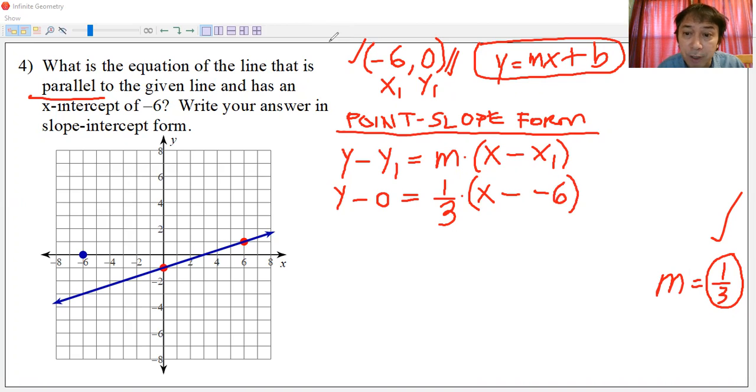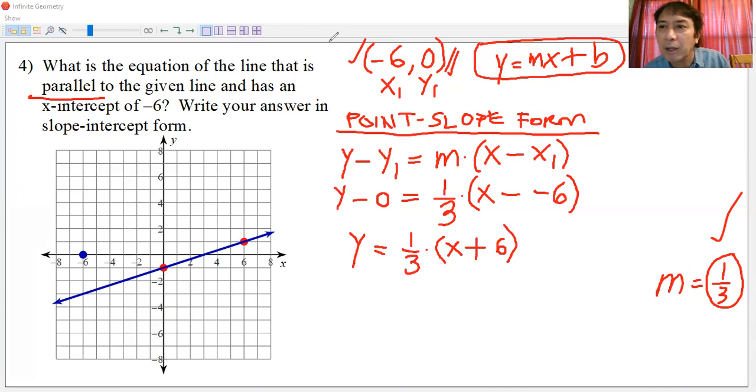So we're going to simplify now. This will now be y minus 0, that will just be y. And this is 1/3 times x minus negative, which is plus 6. Then we will distribute the 1/3 and we shall be able to come up with the required form.